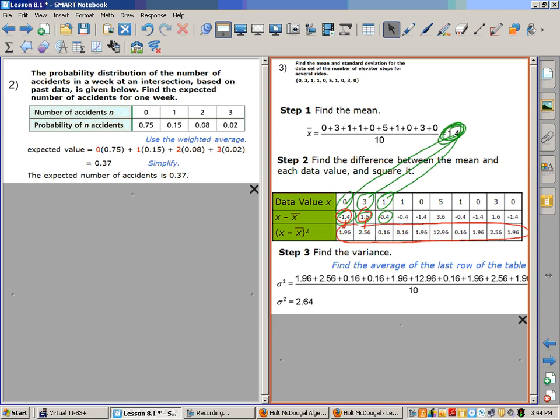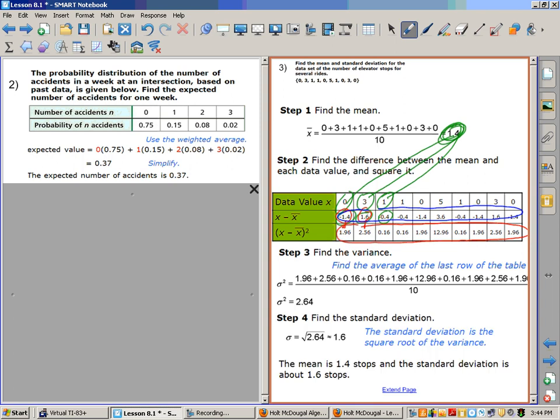But to find the standard deviation, we want to go back to not having it squared. We only squared it so that we didn't have negative numbers that would change my values. So if I take the square root of 2.64, I see that my answer is 1.6, which is my standard deviation. So my mean score is 1.4, and my standard deviation is 1.6.